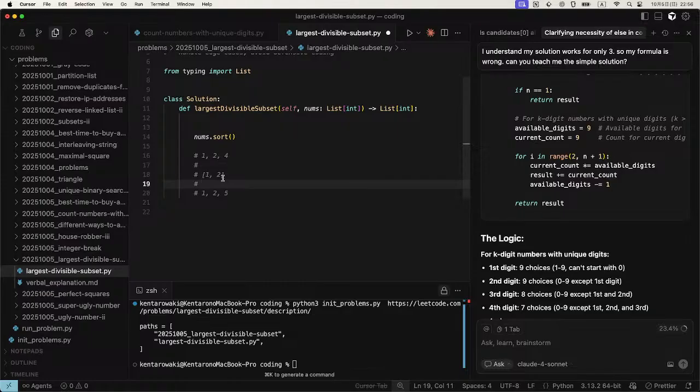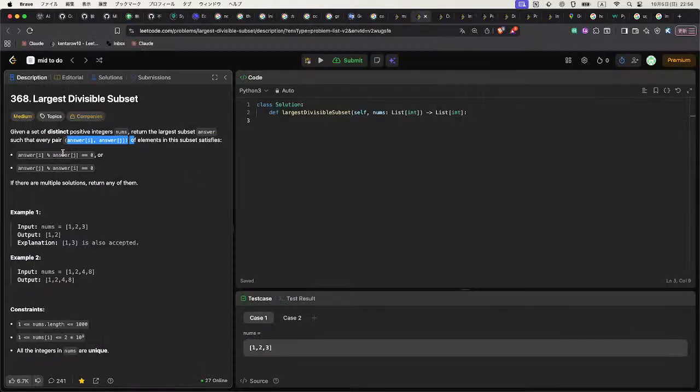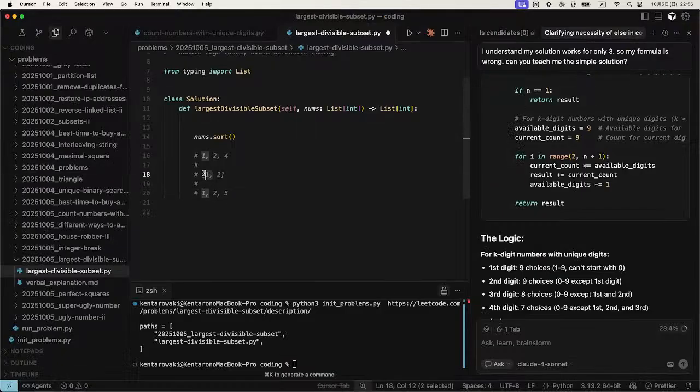Okay, and let's look at 4. Then the valid subset is like this, and the largest element must be divisible by the other elements in the subset.